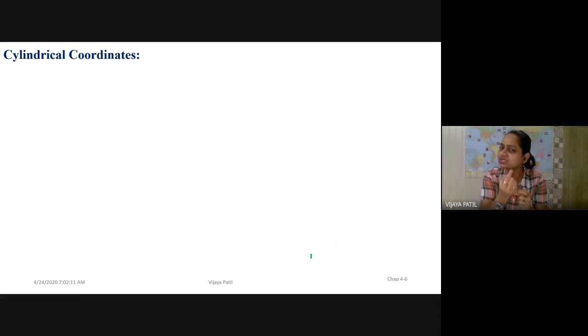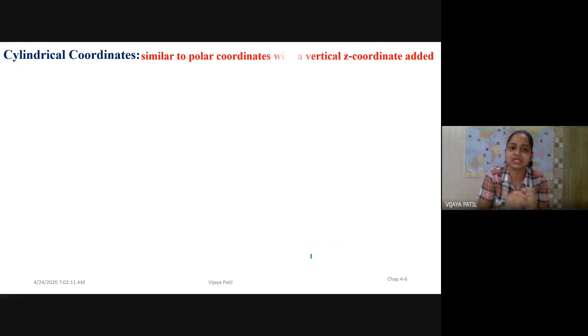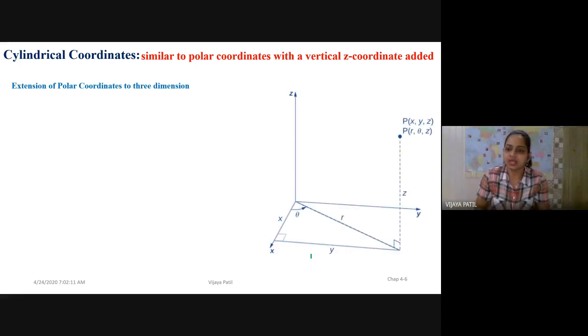What is the change in the cylindrical? The change in the cylindrical is a small thing. It is just the same as polar coordinates with a small addition, that a z coordinate has been added. That means it is nothing but an extension of polar coordinates to three dimensions: r, theta, and z. Okay. Now this is what we have seen in the last slide.